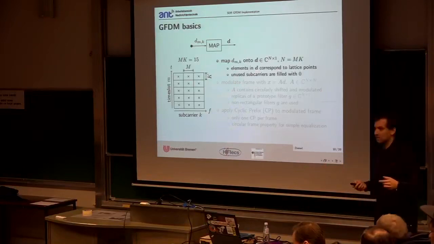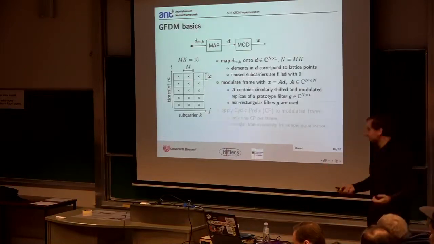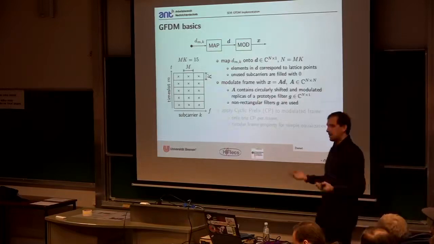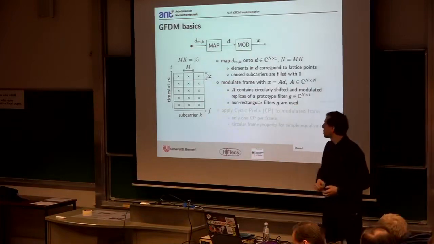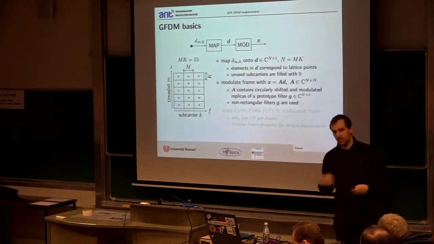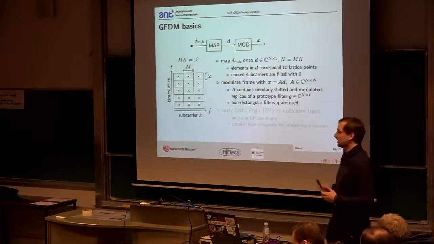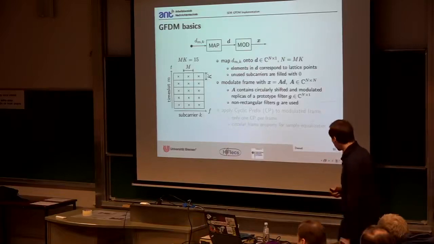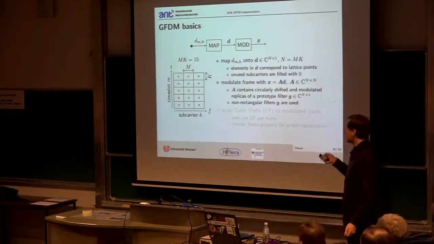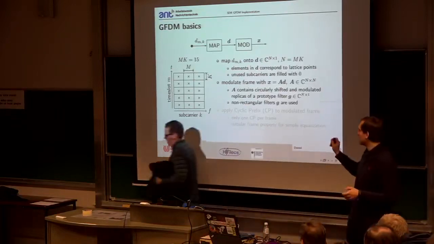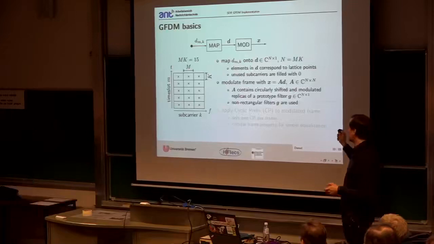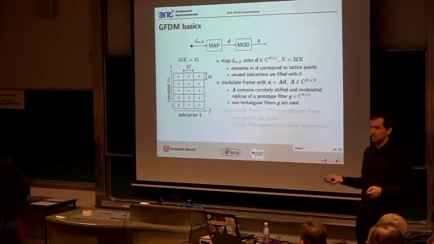The next step will be to do modulation. Well, if you read through the papers, you'll see a modulation matrix A, and you just multiply it by D, and bam, you have your transmit signal. Well, how does A look? For every resource, it contains a circularly shifted and modulated replica of a prototype filter.